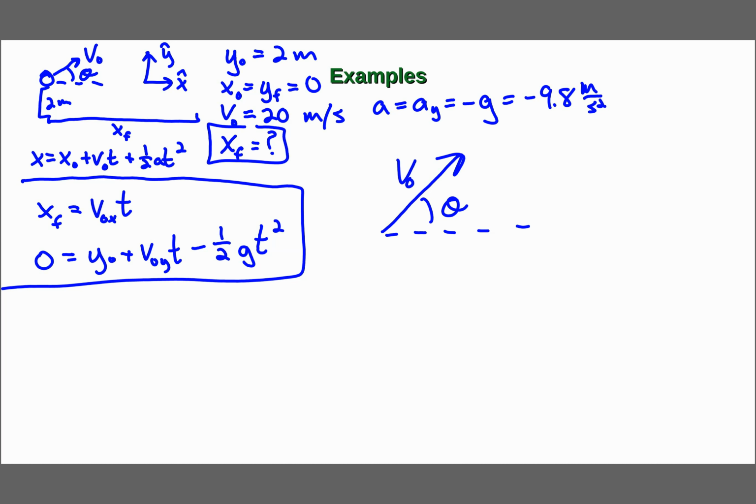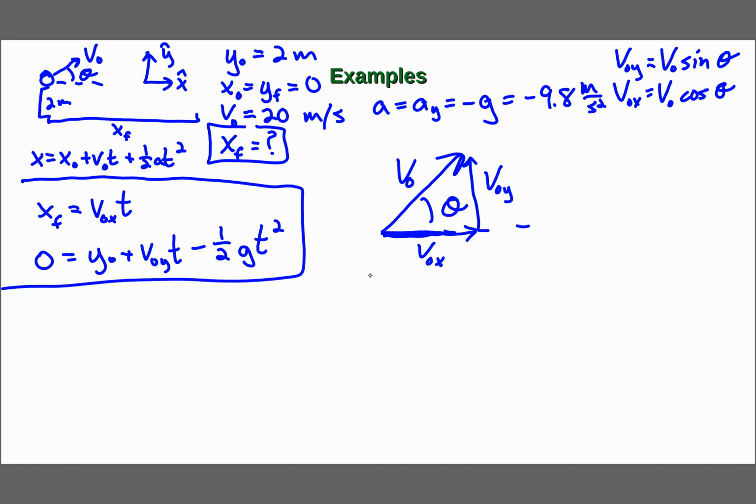If we have some angle theta, we can see that v naught x is next to the angle, and v naught y is opposite the angle. So v naught y, actually let's write it up here. V naught y equals v naught sine theta, and v naught x equals v naught cosine theta, right?